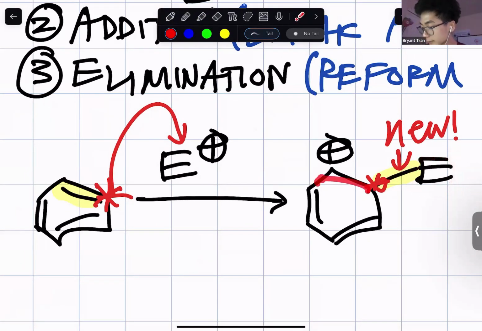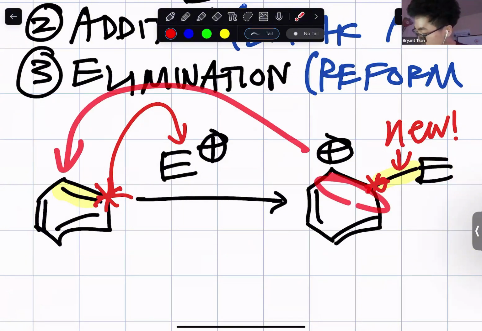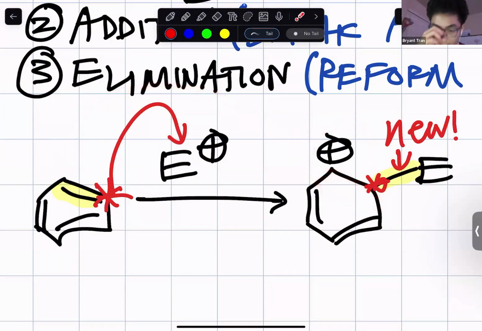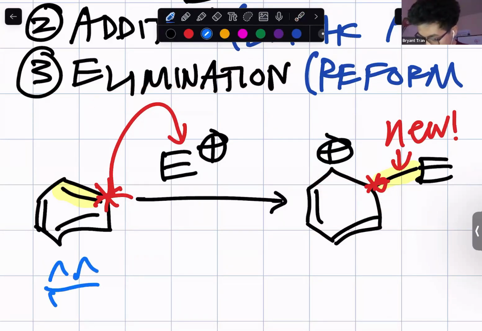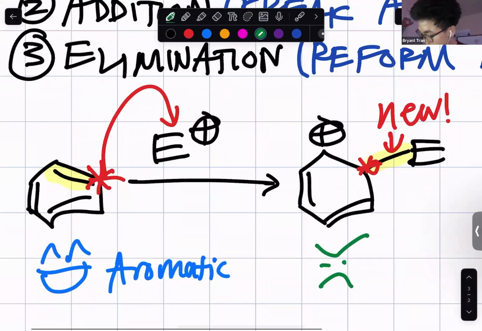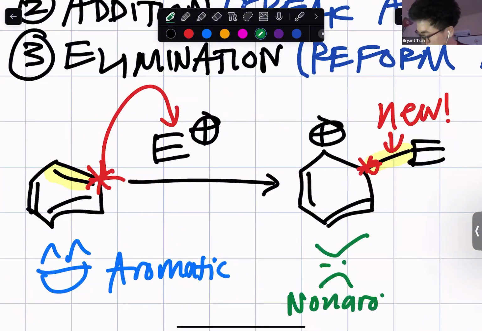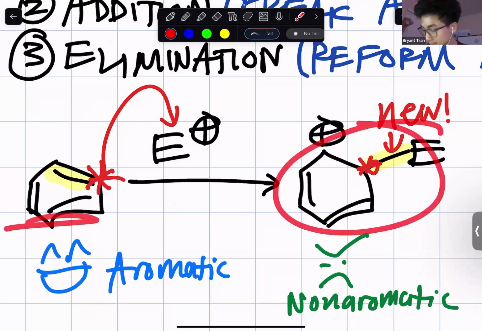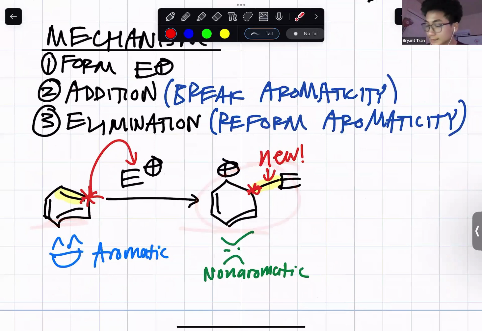And because that double bond is no longer there, this carbon here lost a bond, which became a positively charged carbocation right there, right? Before, we see that it was a happy, stable, aromatic molecule, but now after this addition step, it's non-aromatic because of this sp3 roadblock. So it is less stable now than it used to be, making it have more energy, right? This has more energy than this because it is less stable. Okay, so that's the addition step.